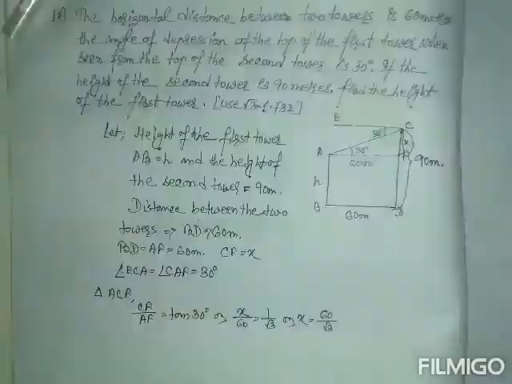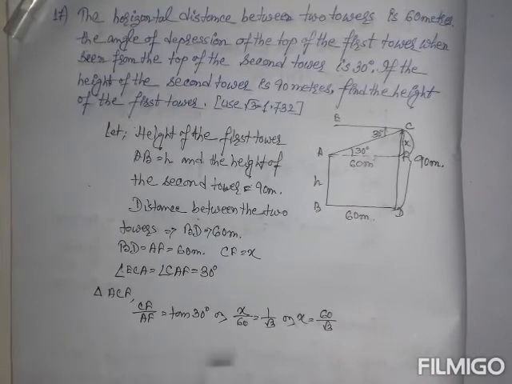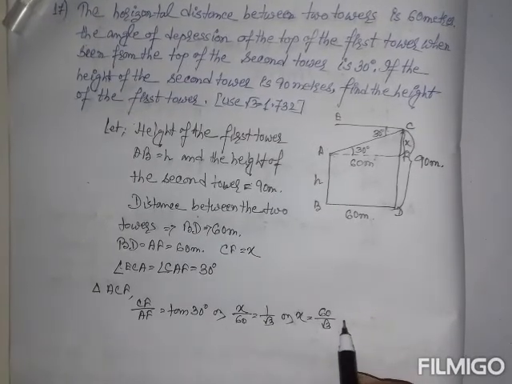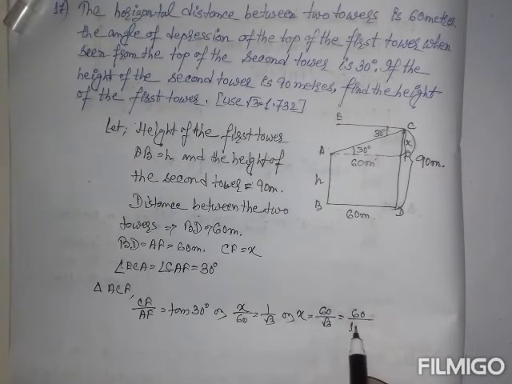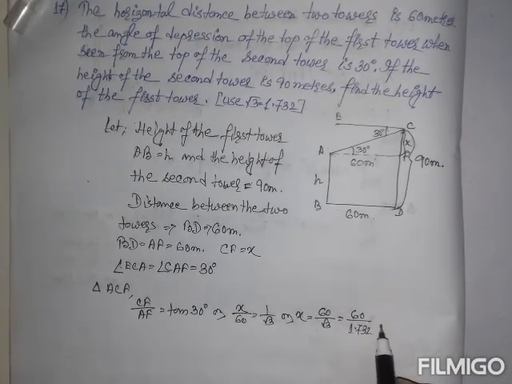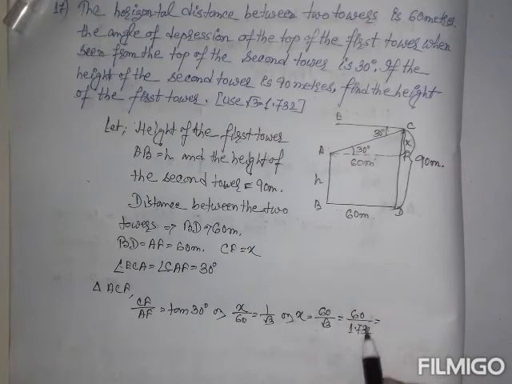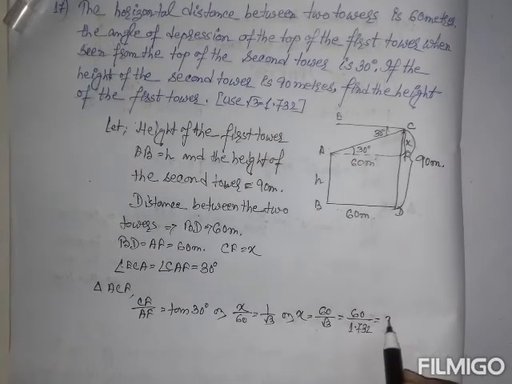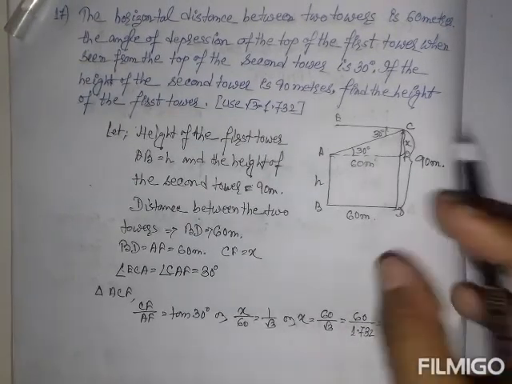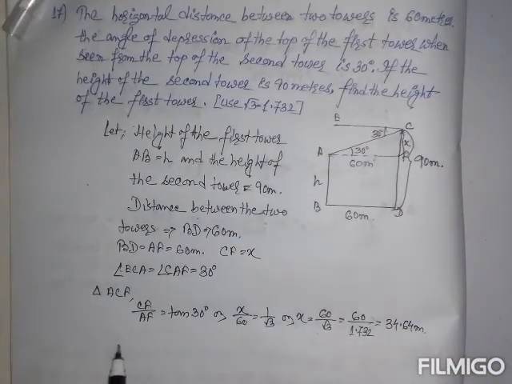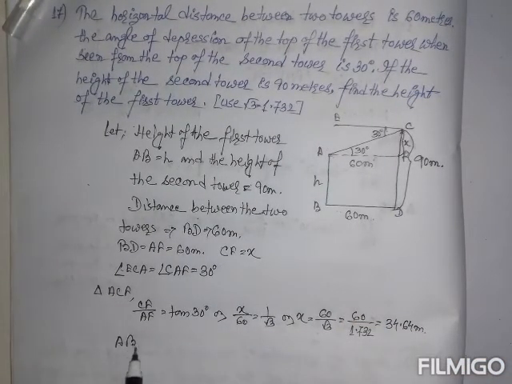Now x is equal to 60 by root 3. Put the value of root 3, that is 1.732. If we divide that, we get 34.64 meter. Okay, AB is equal to H, so AB is equal to FD.